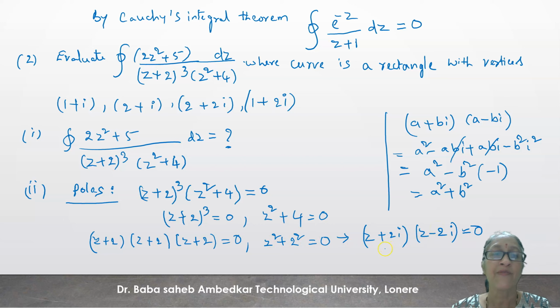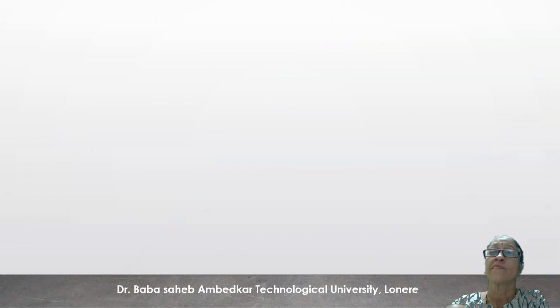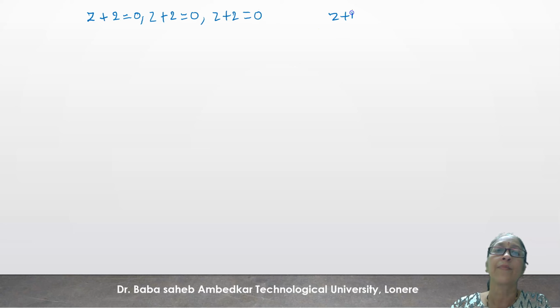Then what are the values of z here? z equal to minus 2i and z equal to 2i. How do you get these values? If you equate each bracket to 0, you get z equal to minus 2i and z equal to plus 2i. Here z plus 2 we got 3 times, so z plus 2 equal to 0, three times, which gives z equal to minus 2, minus 2, minus 2. And here z plus 2i equal to 0 and z minus 2i equal to 0.